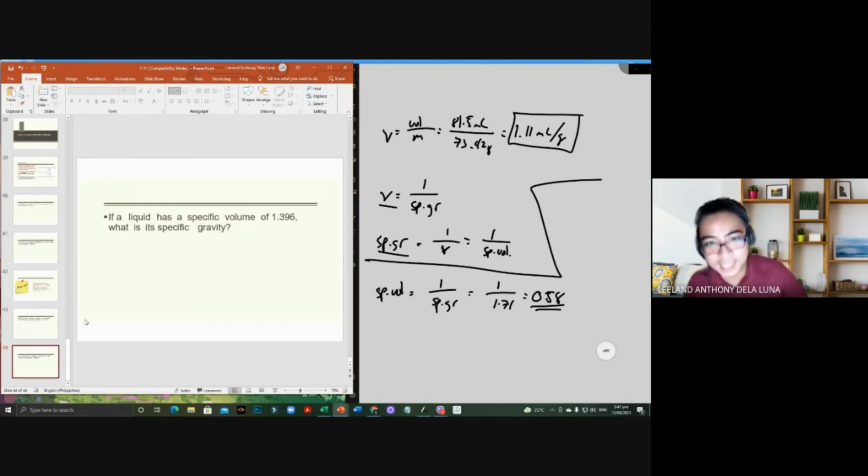Okay? Pero again, class, in terms of practicality, lalo sa PharmCal, or sa practice natin as a pharmacist, it's more of specific gravity ang kailangan natin. Specific volume, on the other hand, class, mas malaki ang application nito pag nag-start na kayo mag-physical pharmacy. Okay, wherein we start to relate specific volume to the gas laws.